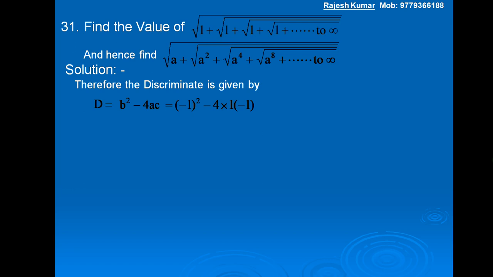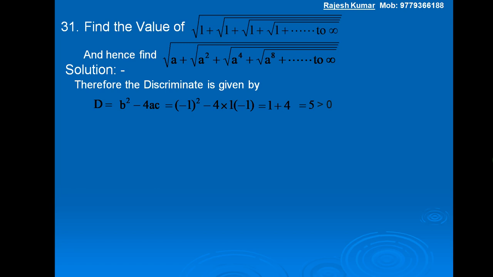Now minus 1 square becomes plus 1, and minus into minus becomes plus, so it is equal to 1 plus 4 equal to 5, which is greater than 0.